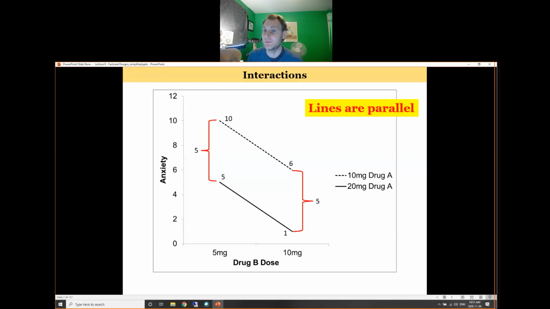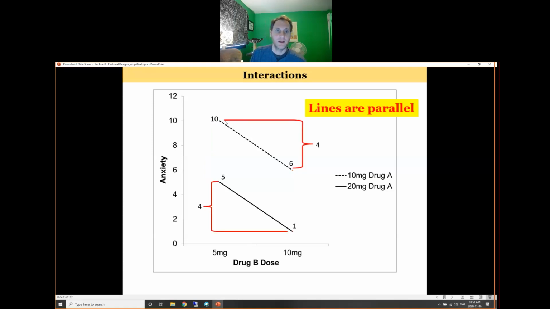So if we look at the effect of drug B on anxiety, as the dose increases in drug B from 5 to 10 milligrams, the anxiety symptoms for people who took the low amount of drug A, 10 milligrams, reduced by 4. Likewise, as we increase from 5 to 10 milligrams on drug B, the effect of drug B on anxiety reduced from 5 to 1, a change of 4.